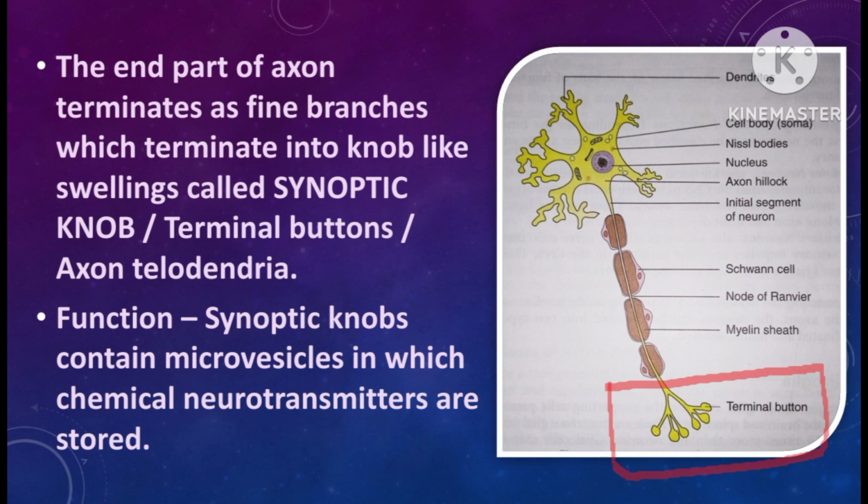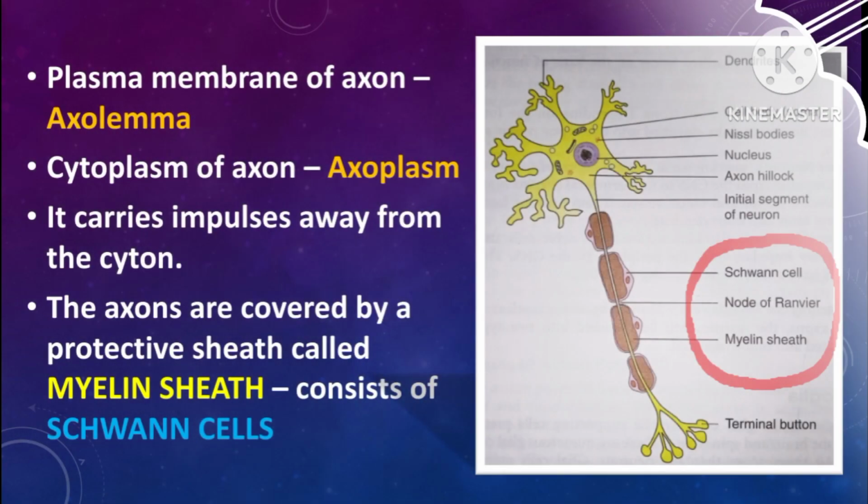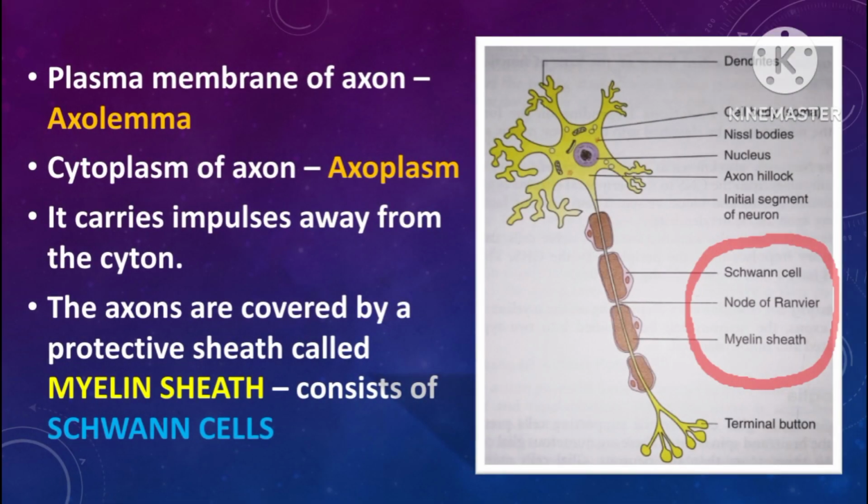This synaptic knob contains microvesicles in which chemical neurotransmitters are stored. So this is the main function of the synaptic knob. It contains neurotransmitter. The plasma membrane of the axon is called axolemma and the cytoplasm is called axoplasm.